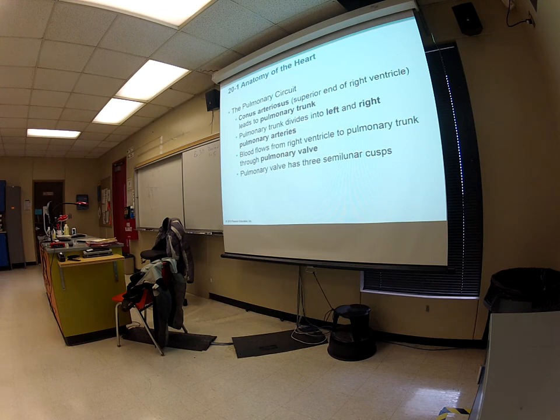Pulmonary semilunar valve. Okay, did I mention semilunar to you guys yesterday? Okay, semilunar is also abbreviated SL. So we have AV, atrioventricular, and then we have SL, semilunar, and it's the shape of it. And notice it says right there, semilunar cusps. It's the valve. There's 3 semilunar cusps.